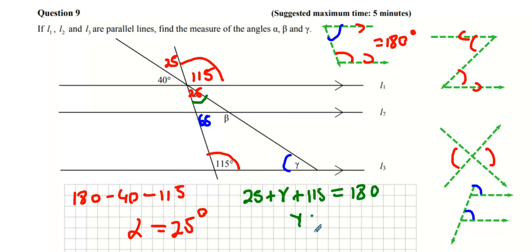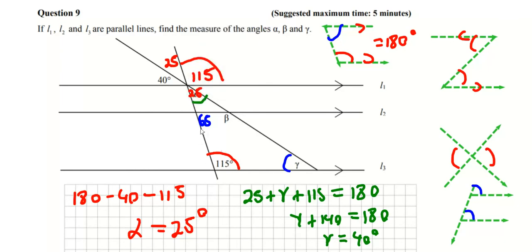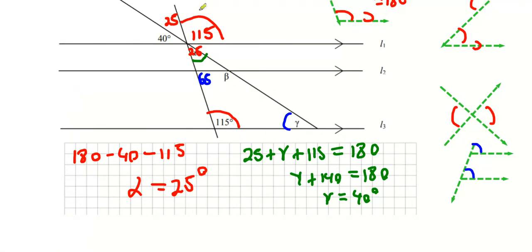So gamma plus 140 equals 180, and gamma will equal 40 degrees. That's my bad. See the way it's a big triangle? The triangle I'm using is this triangle here. Okay, so gamma equals 40 degrees. Okay, next one.